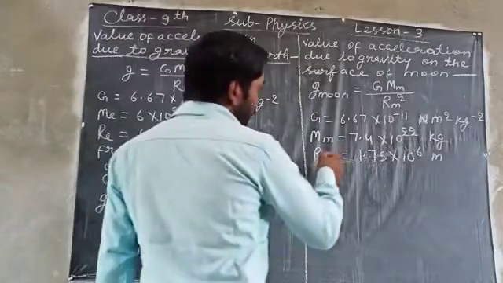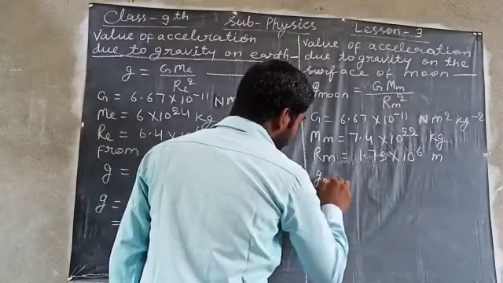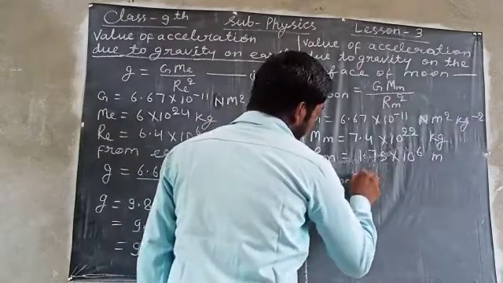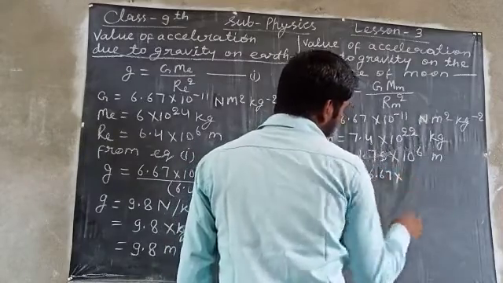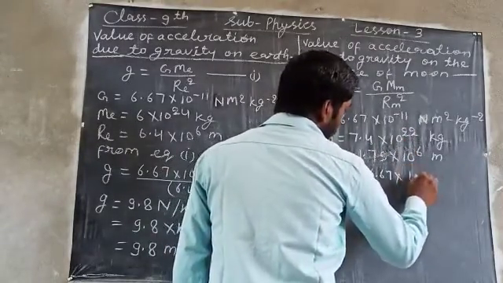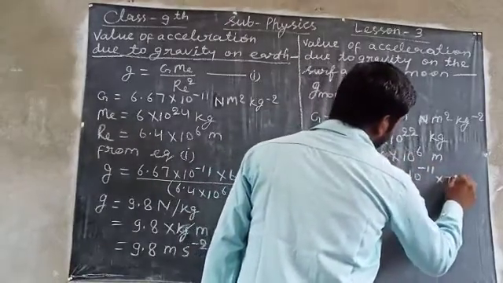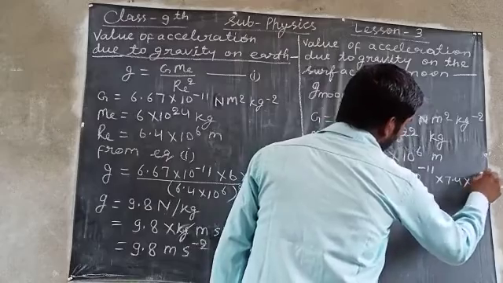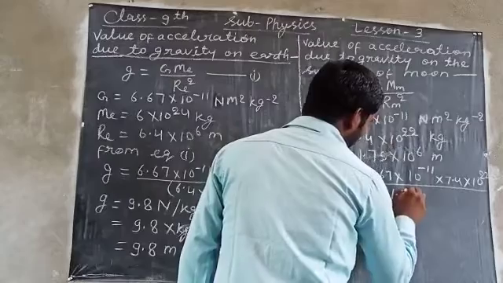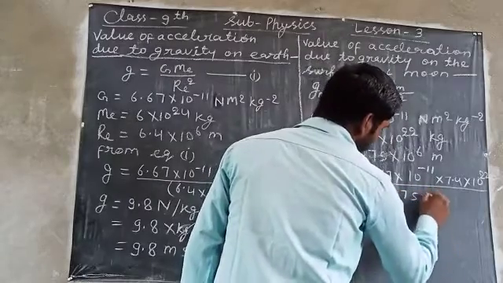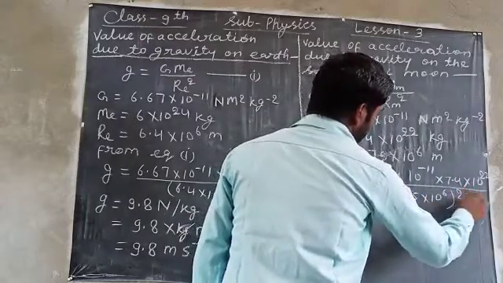Now we will put these values in. So g moon is equal to 6.67 into 10 to the power minus 11 into 7.4 into 10 to the power 22 upon 1.75 into 10 to the power 6 whole square.